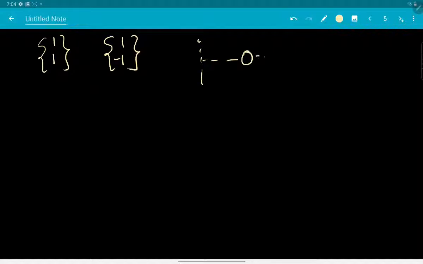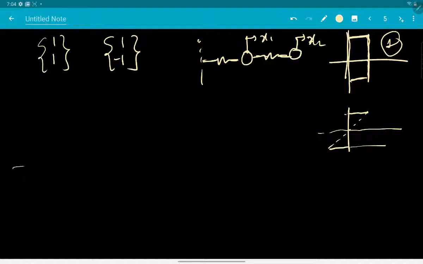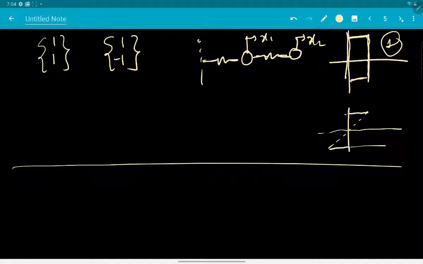This is x1, this is x2. Now if you decide to plot x1 against x2, then when x1 is 1, x2 is also 1. This is what mode shape number 1 looks like. In the other case, x1 is 1 and x2 is minus 1, and this is the mode shape that you have obtained in the other case. This was for the multi-degree of freedom system, which we considered earlier.